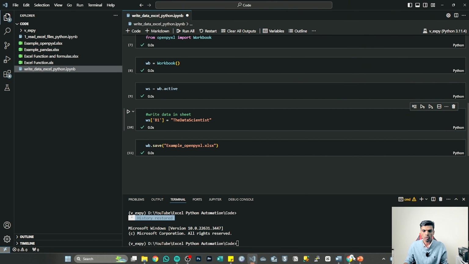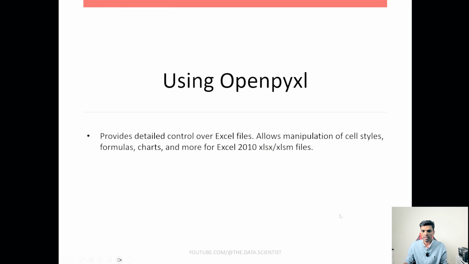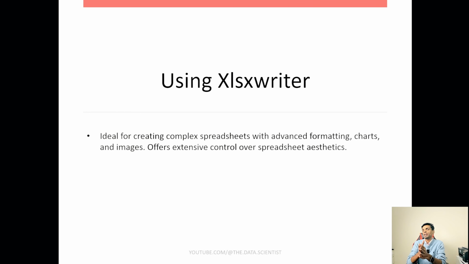Okay, now let's go to the next library, xlsxWriter. Now xlsxWriter is one of the best libraries after OpenPyXL, because you can use advanced formatting, charts, creating pivots, and it basically gives you extensive control over the workbook, or the worksheet, or overall the Excel part.